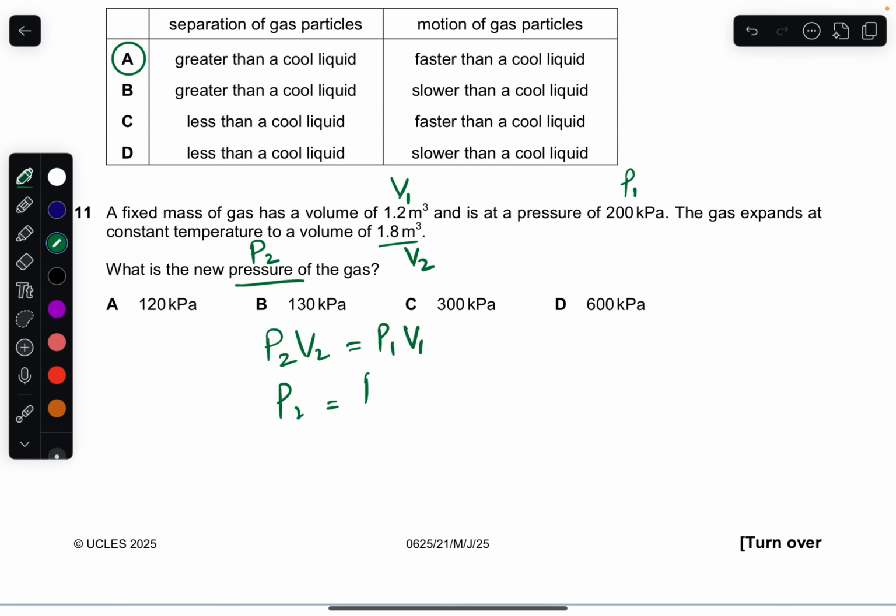So P2 is equal to P1 V1 divided by V2. So 200 into 1.2 divided by 1.8 will give you 133.33 kilopascal. When you round it off, it's option B.